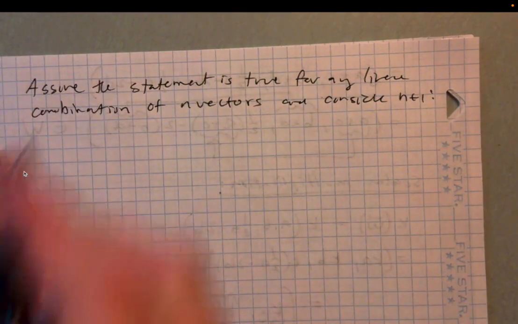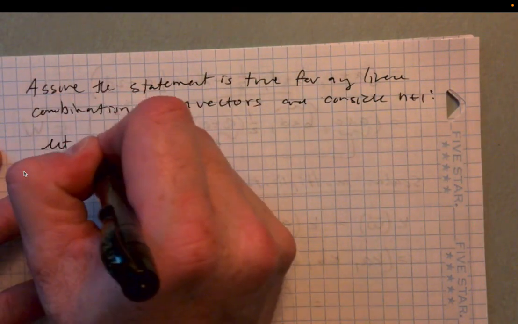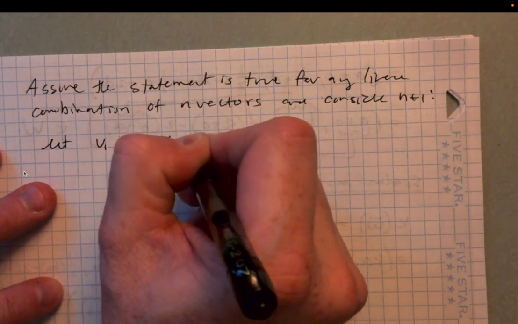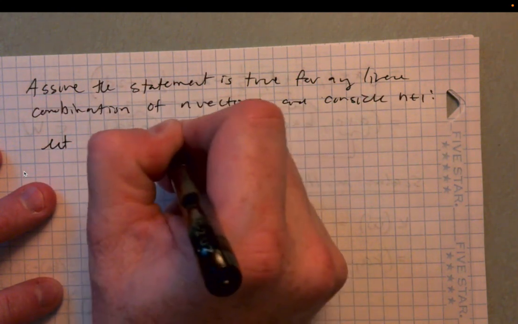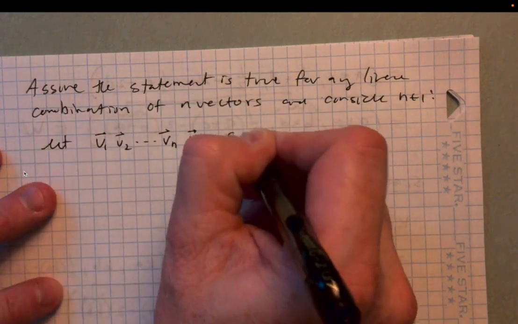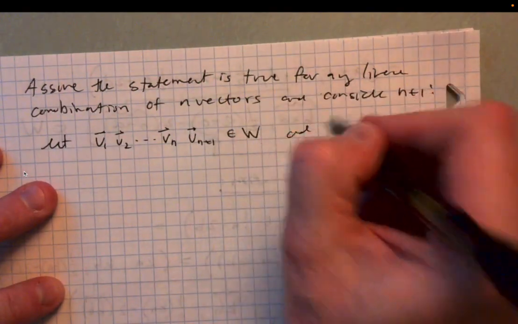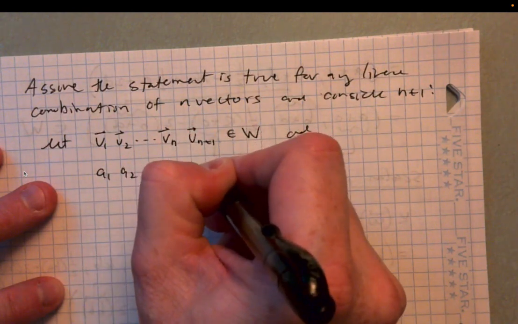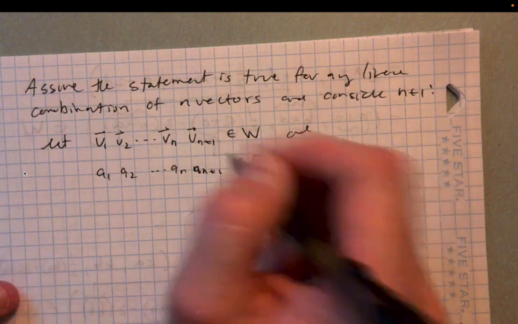So here again we'll let V1, V2, dot dot dot, Vn, Vn plus 1 be elements of W, and A1, A2, dot dot dot, An, An plus 1 are real numbers.